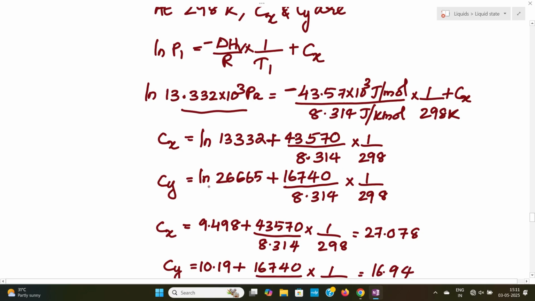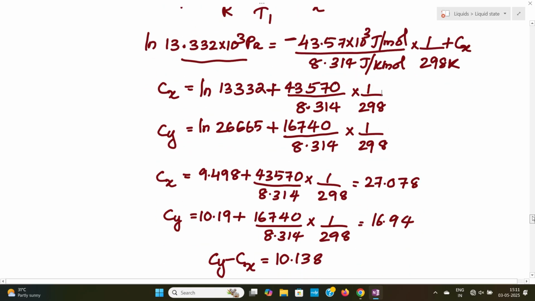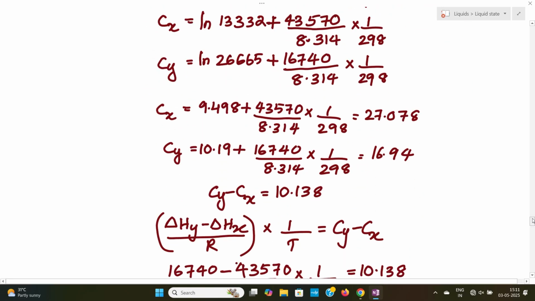Cy also we are substituting, that is ln 26,665 plus 67,740 divided by 8.314 into 1 by 298. So ln of this value is 9.498.